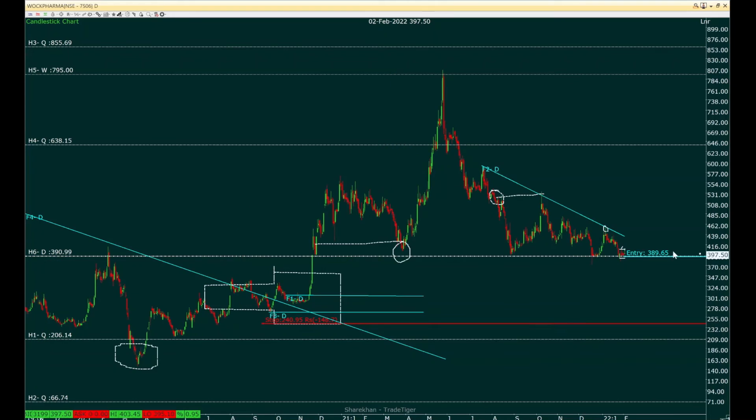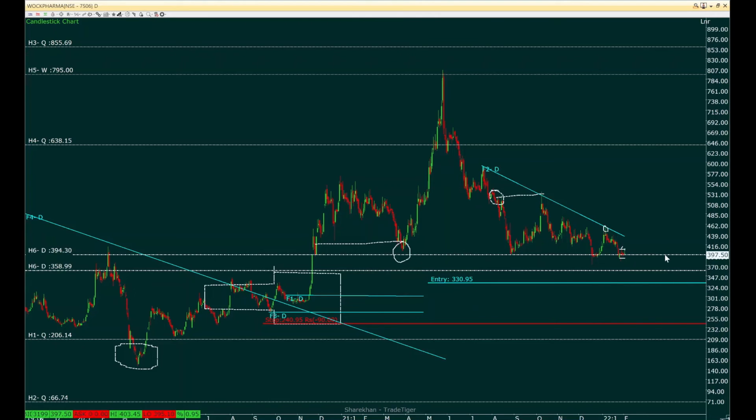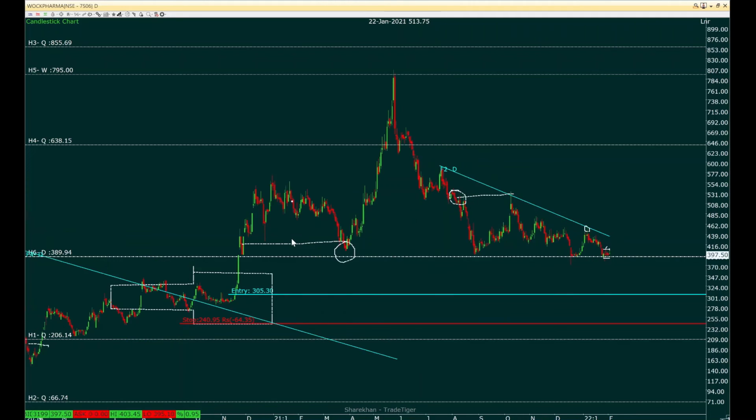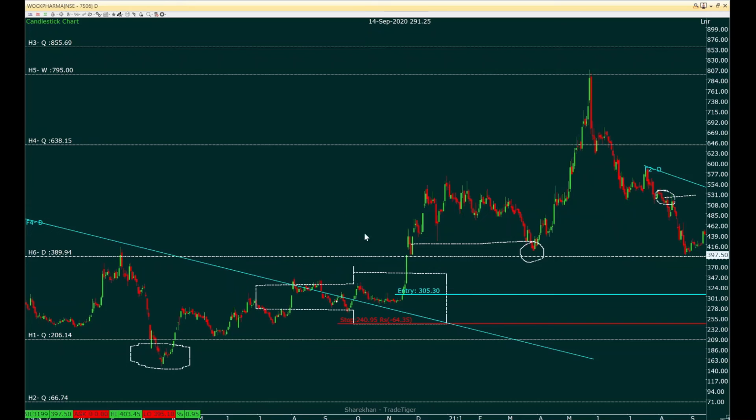Let me zoom a bit. Okay, so what I'm trying to do here is combine both the levels. The reason for doing this is this section, let me zoom a bit for better understanding.